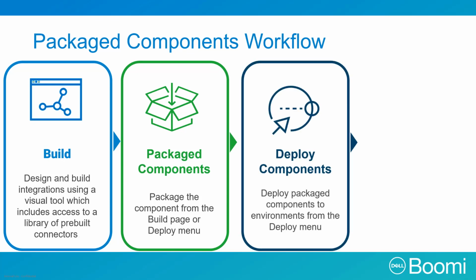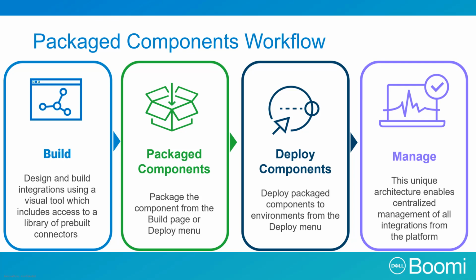Once your component is packaged, you can then deploy it from the Package Components or the Deployments page. The last section is Manage, which provides a consolidated view of the integration activity within your account for all deployed processes. We will view the Manage section after the Deploy section.